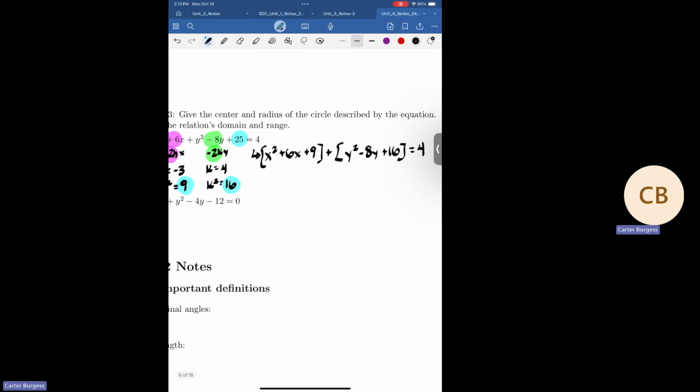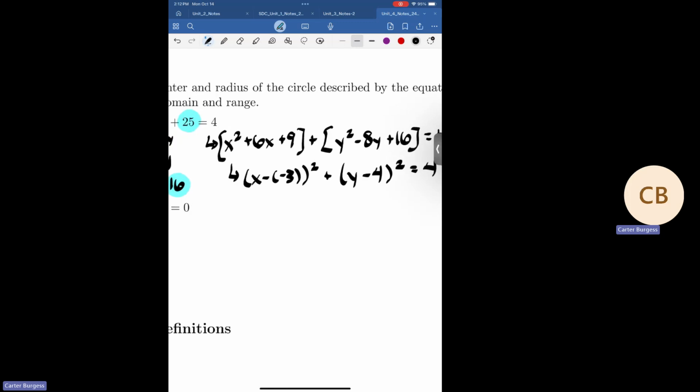We know that this is going to become x minus h squared. And we know that this is going to become y minus k squared. And I have set this up deliberately so that we can very easily just look at this and tell what are h and what are k.